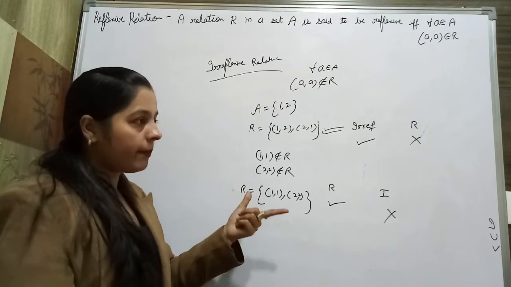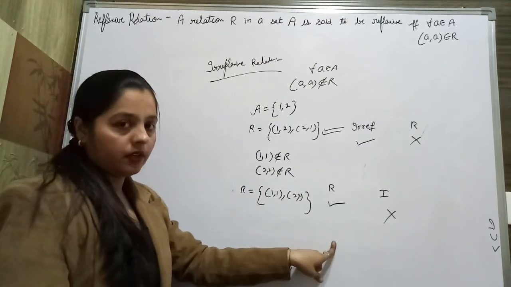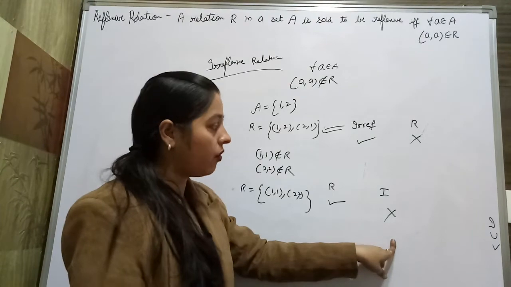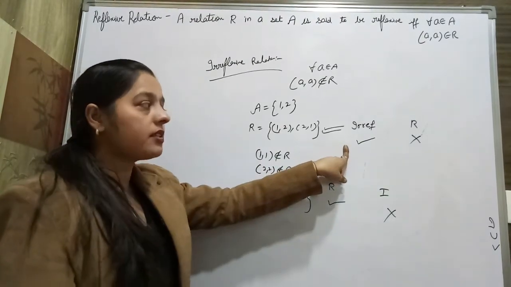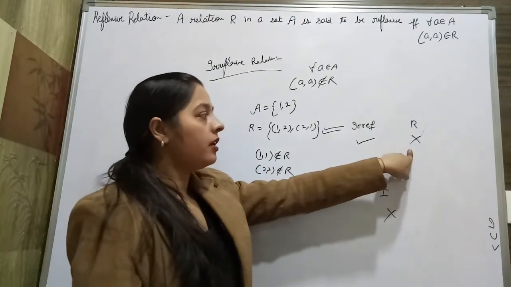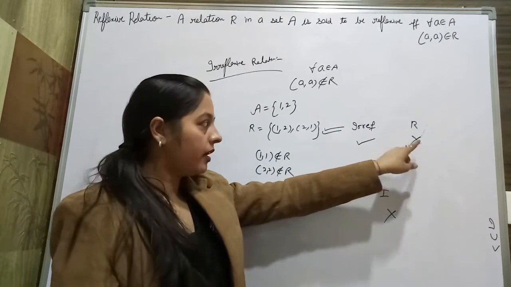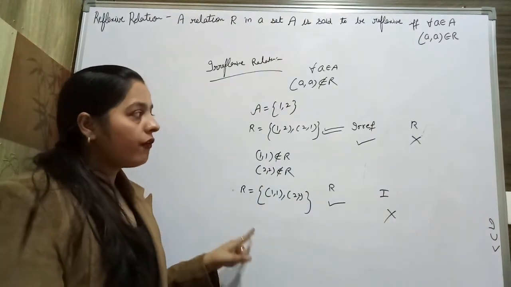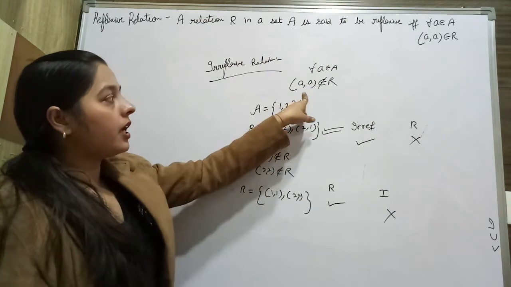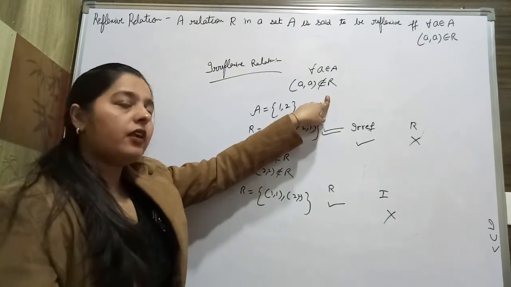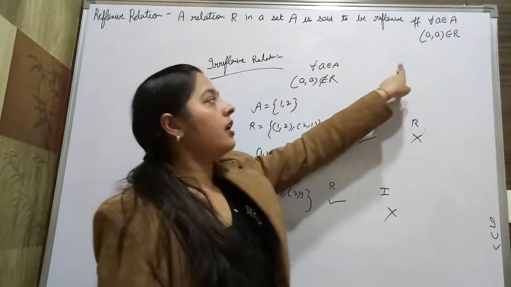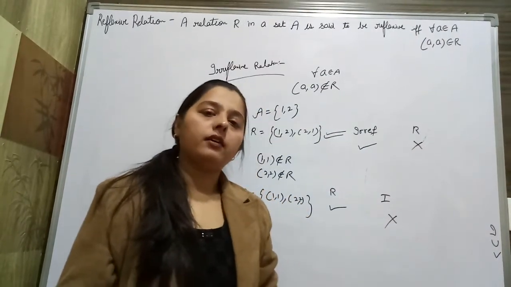So it may happen that the relation is reflexive and it is not irreflexive, or it may happen that the relation is irreflexive but it is not reflexive. So you must focus on this. For an irreflexive relation, (a, a) does not belong to R, and for a reflexive relation, (a, a) must belong to R.